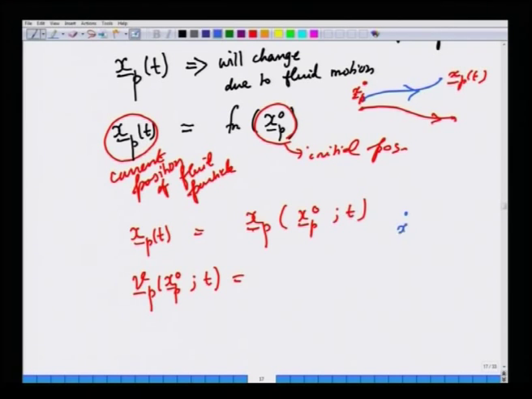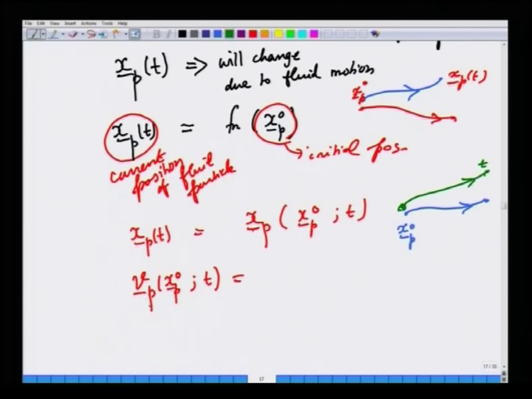At time t equal to 0, a fluid particle is at x_p0, and this particle moves here. Some other particle which was here would move there at time t. So, this particle, which is at time t here, is labeled by its location at time t equal to 0.